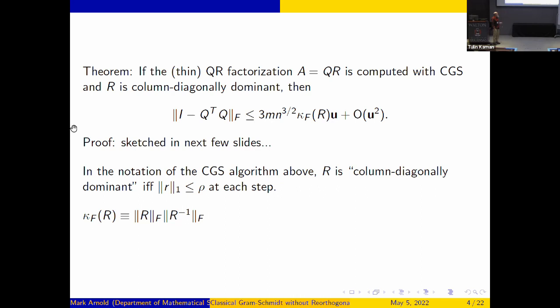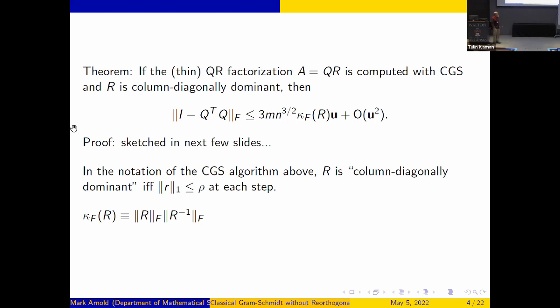And so the hypothesis here is that once I do my QR factorization, and then I look back at my triangular factor R, if it's column diagonally dominant, then I have an orthogonal Q. As it stands, this a posteriori hypothesis might be hard to implement.